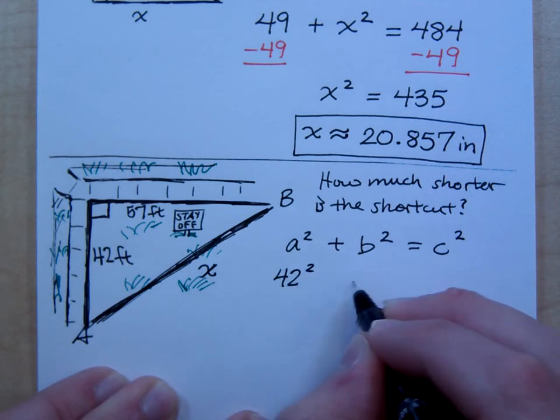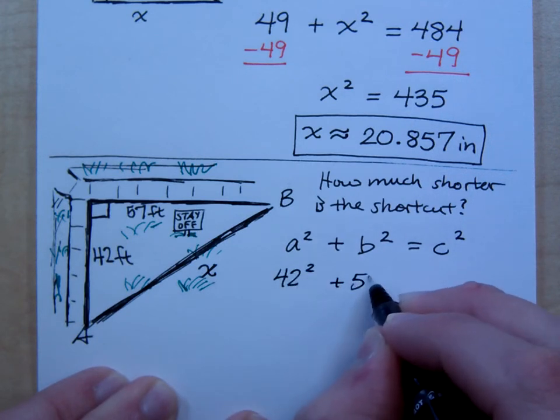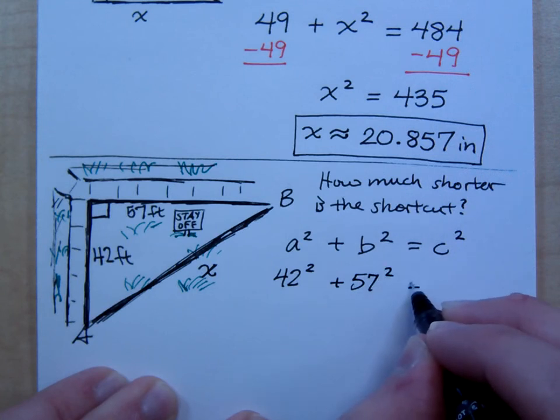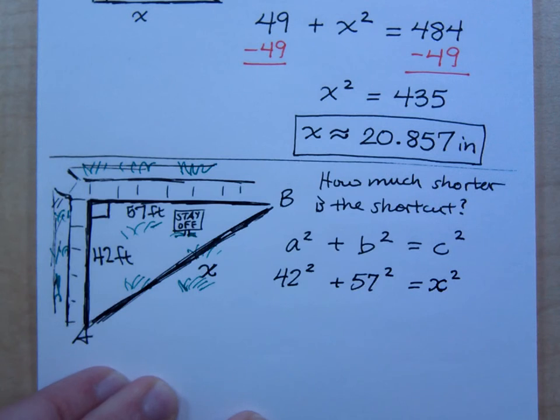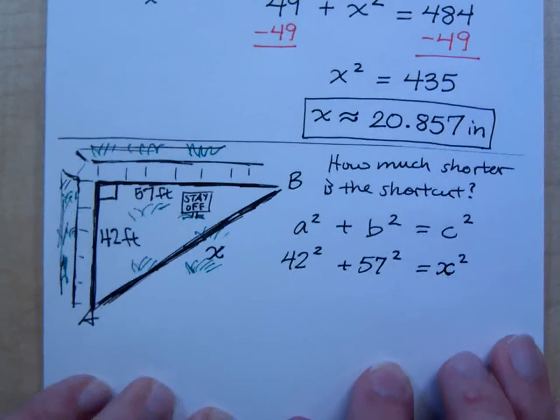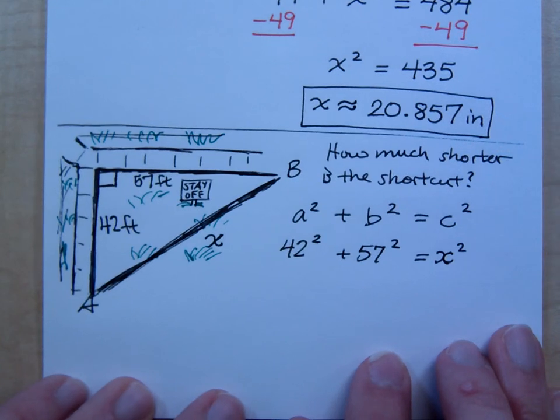So 42 squared plus 57 squared equals x squared. Do you all agree? All right, so you know what?